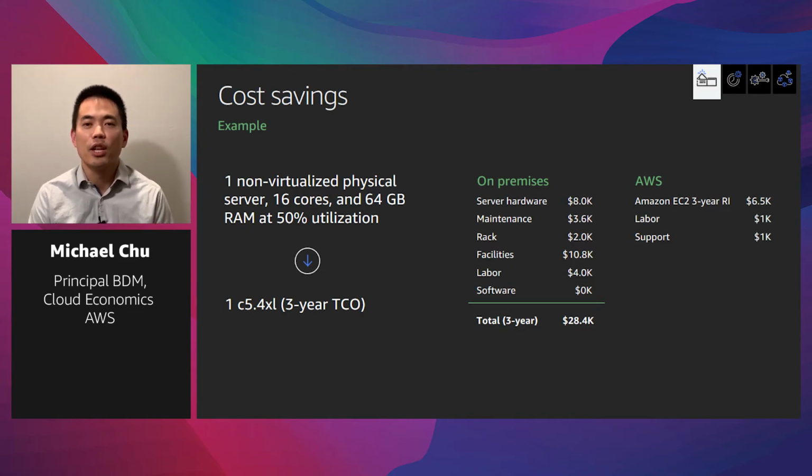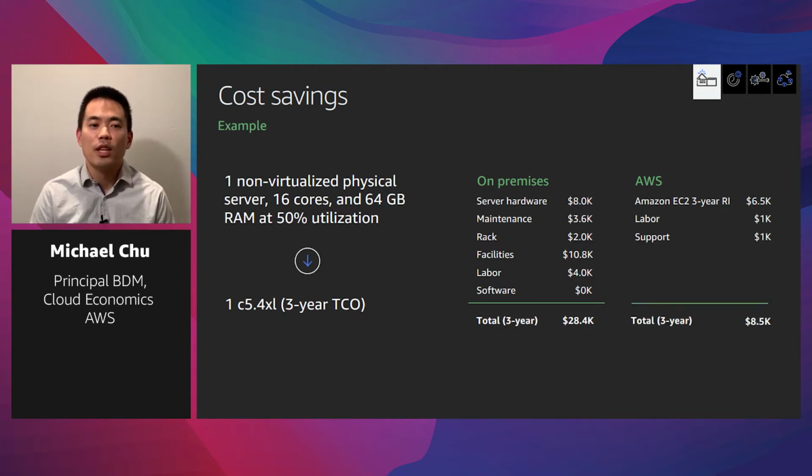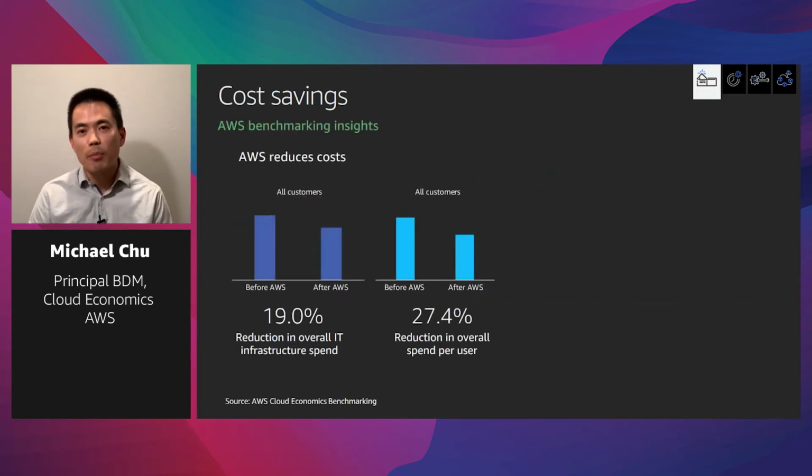So the cost here for labor is $1,000 over the 3-year period, and support costs are 10% per year of the EC2 costs, or about $650. This comes to a total 3-year price of 8.5K over the period. And that's it. Now, if we're going to build this top down with benchmarks, what do we do?